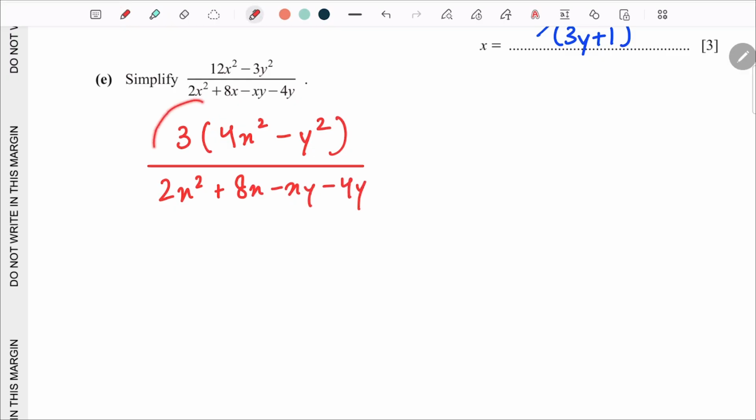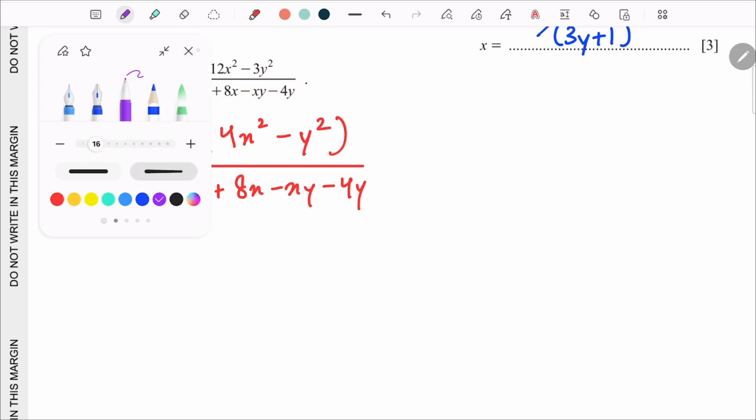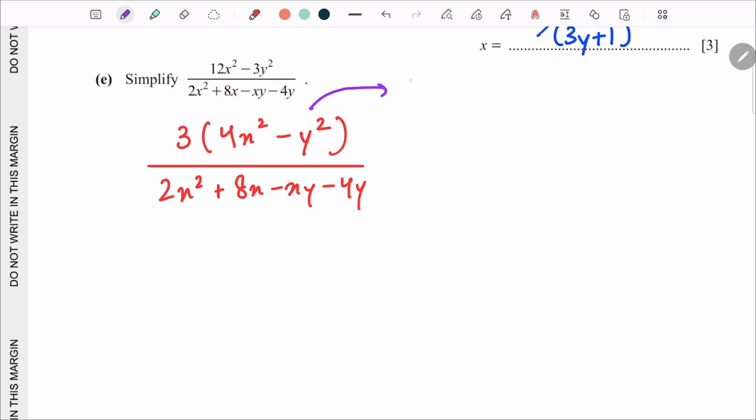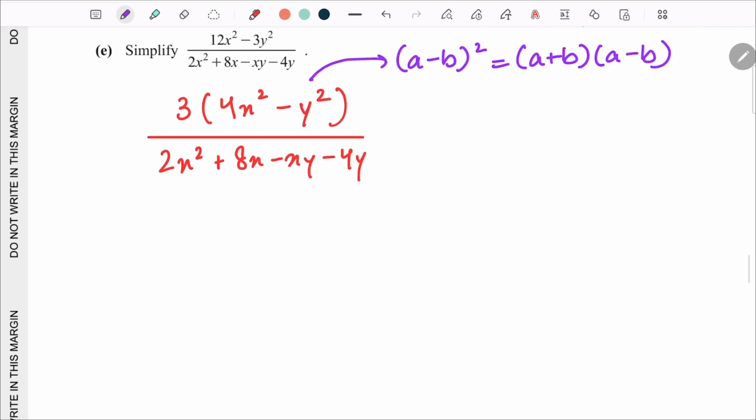Now, if I look at only this upper region, specifically this bracket right here, I can basically factorize this using the identity a plus b, a minus b. A square minus b square is equal to a plus b bracket a minus b. So if I simplify this, I'll be getting 3 bracket, basically 4 is a perfect square of 2.